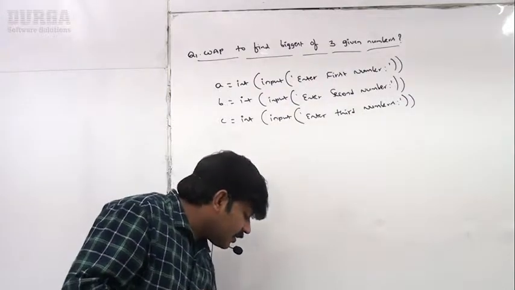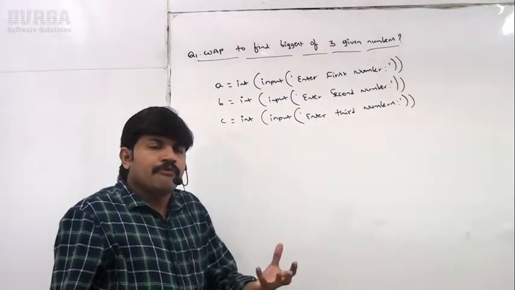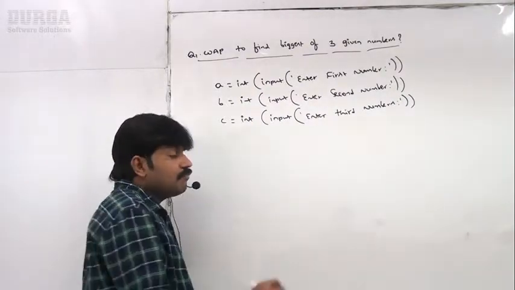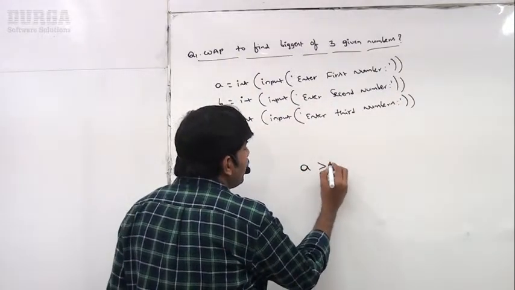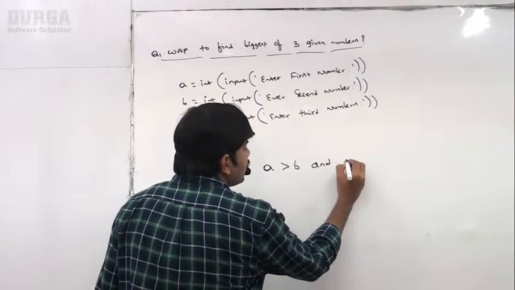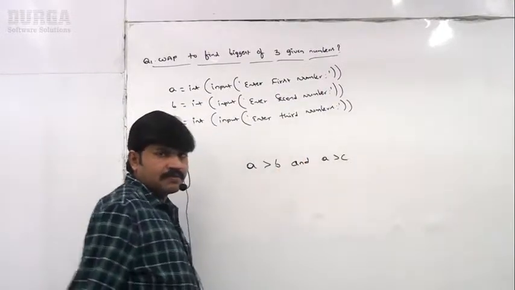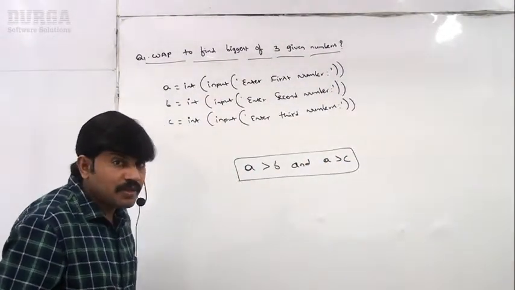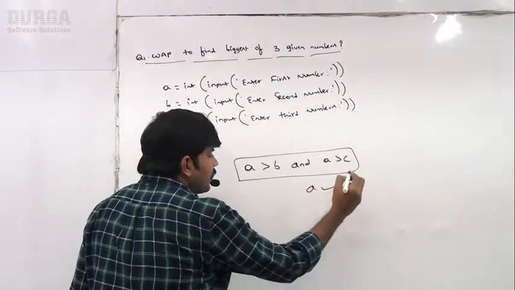What is the next thing I have to take care of? When a is said to be the biggest number, compulsorily a should be greater than b and a should be greater than c. If this condition is satisfied, then automatically a itself is the biggest number.